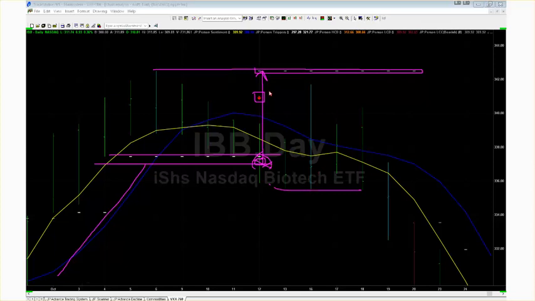Remember the old phrase that tops take longer to form than bottoms, and so we typically get V bottoms and rounding tops, and kind of funny, that looks like a rounding top.